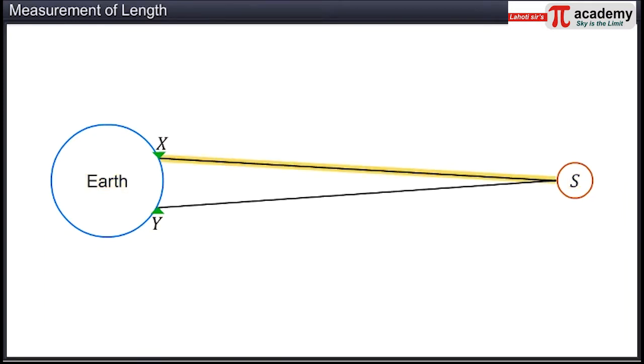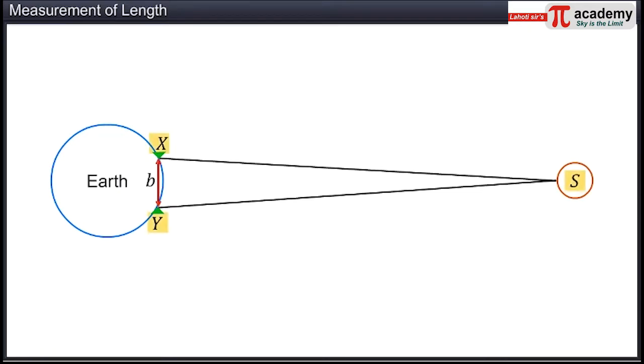Thus, XS and YS are the lines of sight of the planet from the two observatories respectively. Here, the distance B between X and Y is the basis which is known.